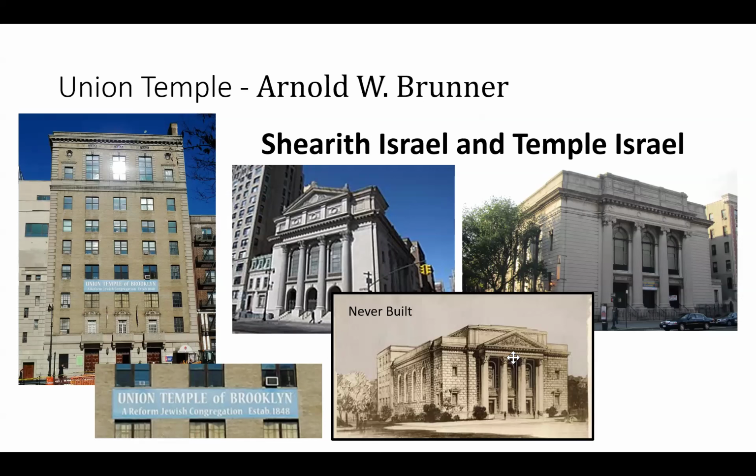In the middle, at the bottom, you see a synagogue which he designed, but which was never built. Once again, look at the architecture. It's Greek and Roman. It is not Christian, Gothic, or anything like that. It is going back to the democracy of ancient Greece, the Republic of Plato.